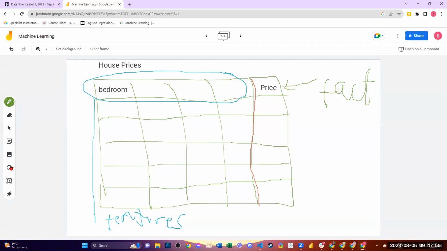Parking, all right. Parking, what else? Rooms, bedrooms, square foot.